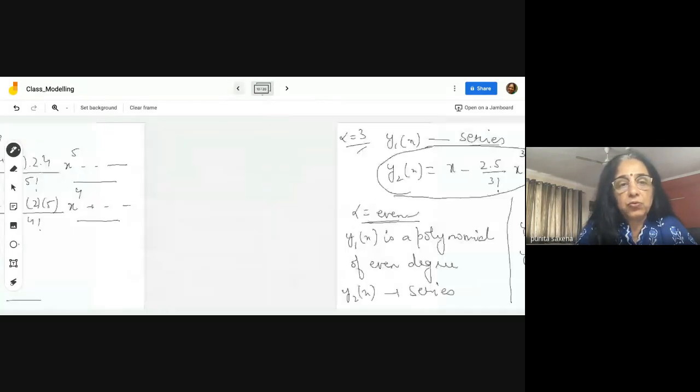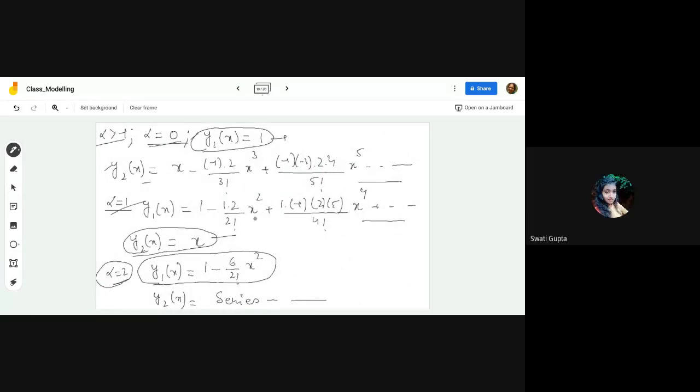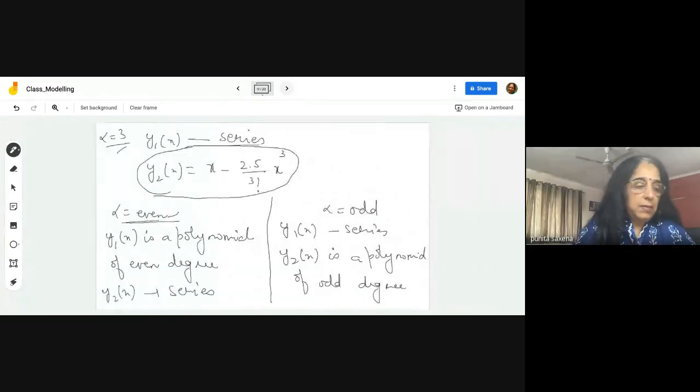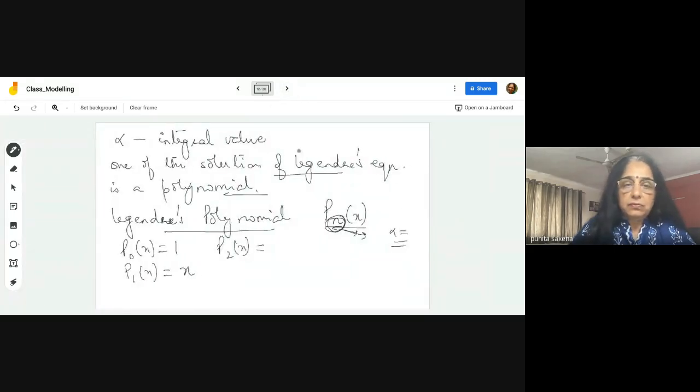When alpha is 2, it is 1 minus 6 by 2 factorial x squared. Of course, this is along with C naught and so on. So I can write it as something like this. Similarly, P_3(x) can be obtained, and so on and so forth.